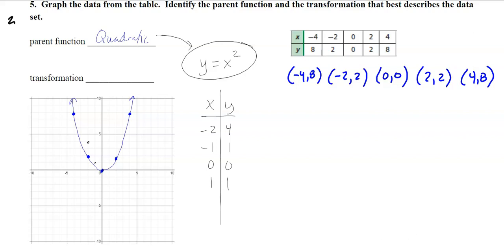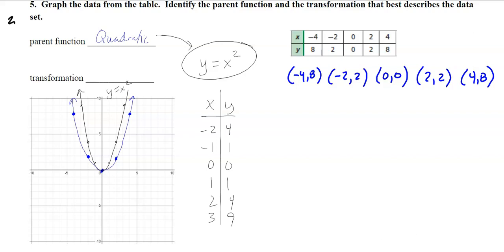When you put 1 in, you get 1. And when you put 2 in, you get 4. If I wanted to go further, I could put in 3 and get 3 squared is 9, so go over 3 and up to 9. And -3 will also take me up here. So here's the original, the OG. That's y equals x squared.